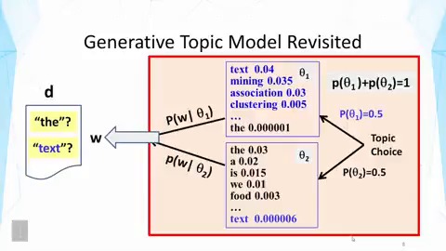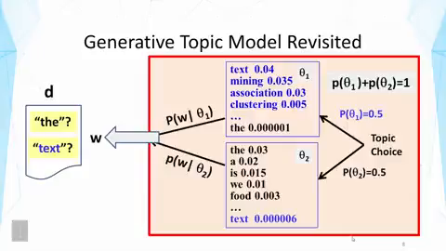So, for example, "the" here could have been generated from the second distribution, theta 2, whereas "text" is more likely generated from the first one on the top. That means the words in the document could have been generated in general from multiple distributions. Now this is not what we want for text clustering, for document clustering, where we hope this document will be generated from precisely one topic.